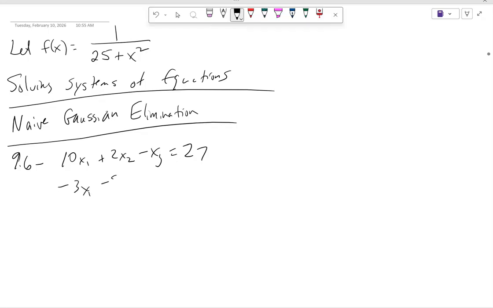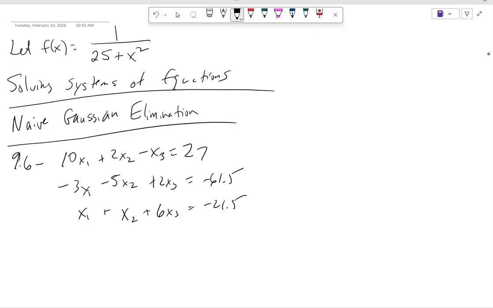Negative 3x1 minus 5x2 plus 2x3 equals negative 61.5. x1 plus x2 plus 6x3 equals negative 21.5. All right, so we've got a system of 3 equations, 3 unknowns.